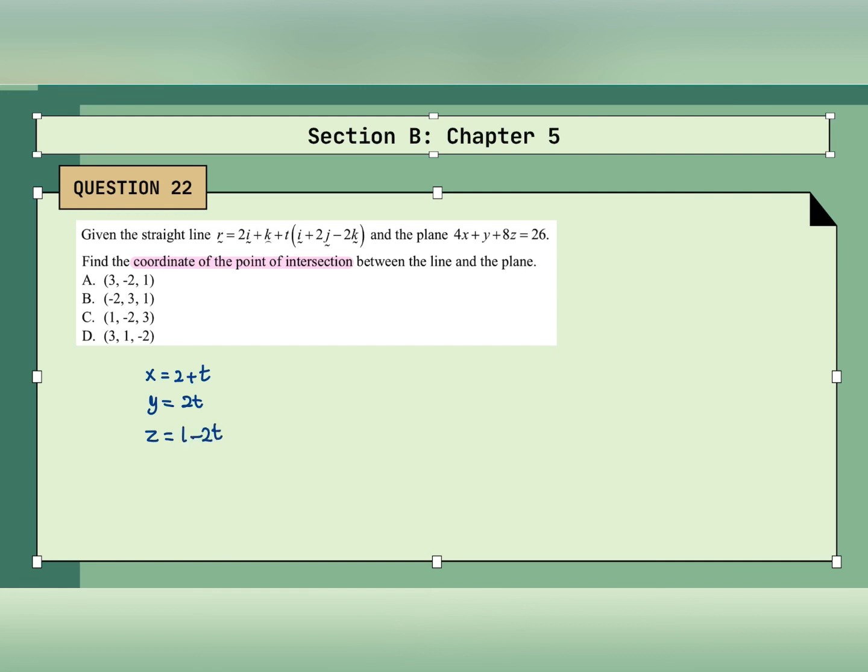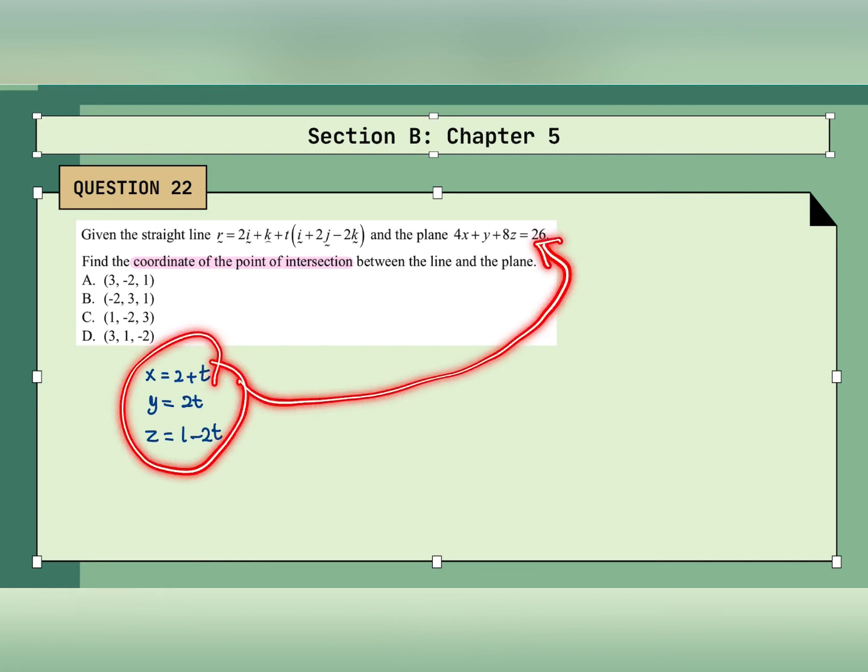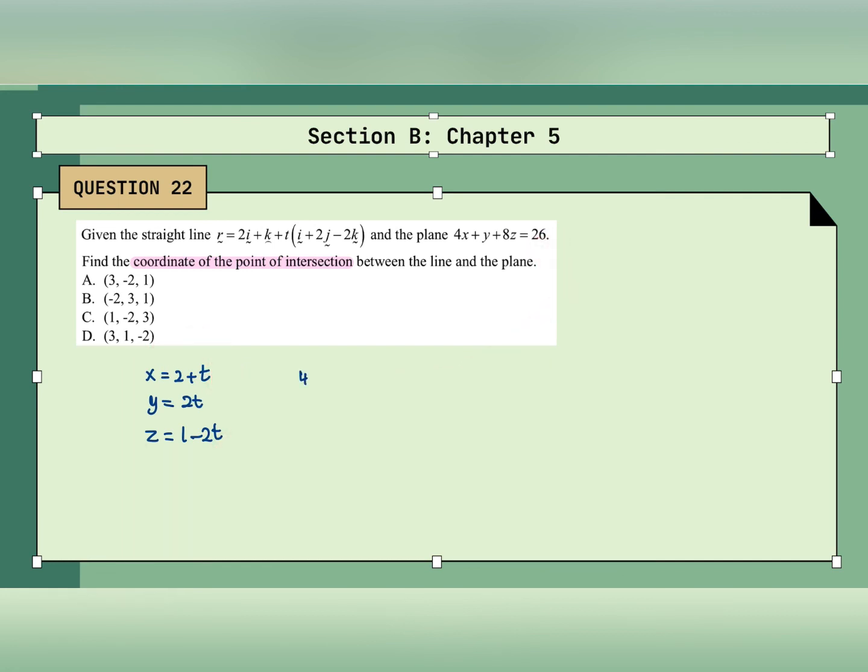So kita nak buat apa? Tiga-tiga benda ni masukkan dalam equation of plane. So 4 kali 2 tambah T tambah 2T tambah 8 kali 1 minus 2T equals to 26. So kenapa kita buat macam ini? Aim kita adalah untuk cari value of T. So 8 tambah 4T, 2T, 8 minus 16T equals 26.